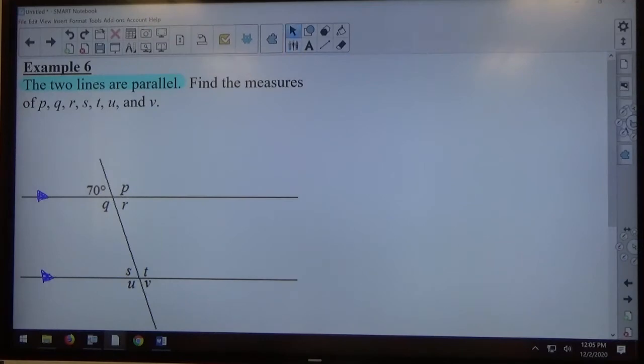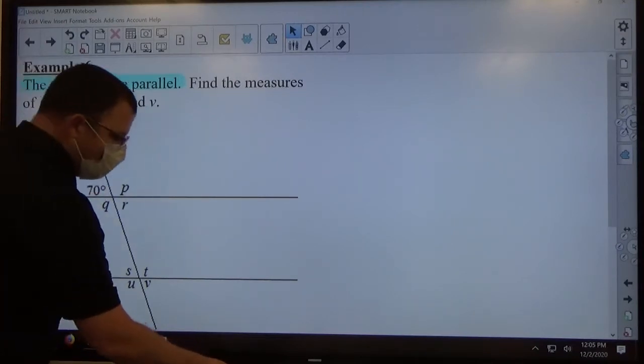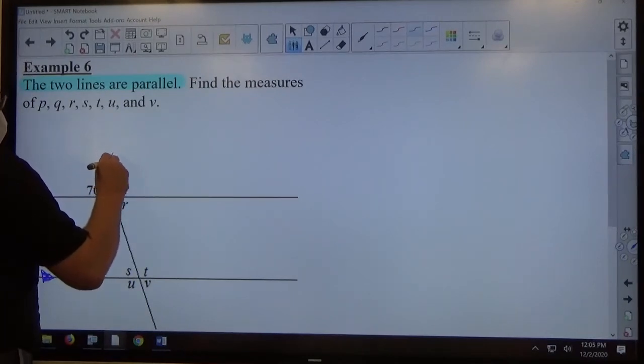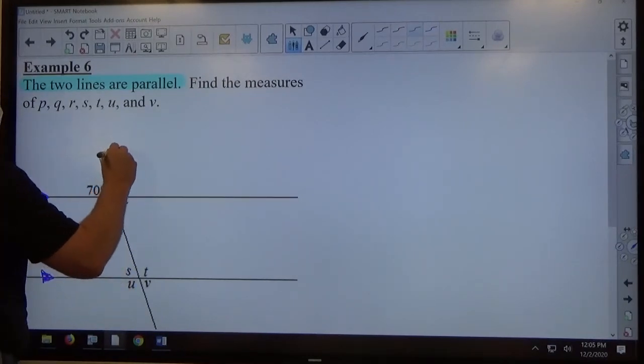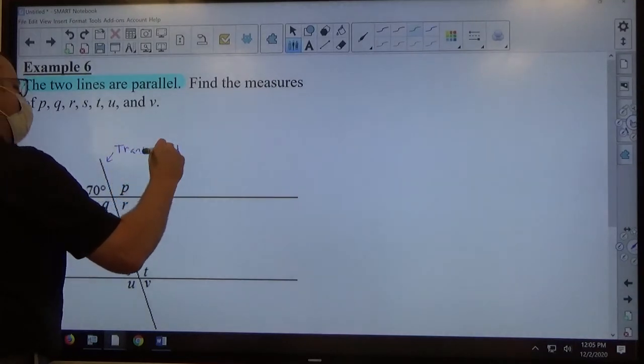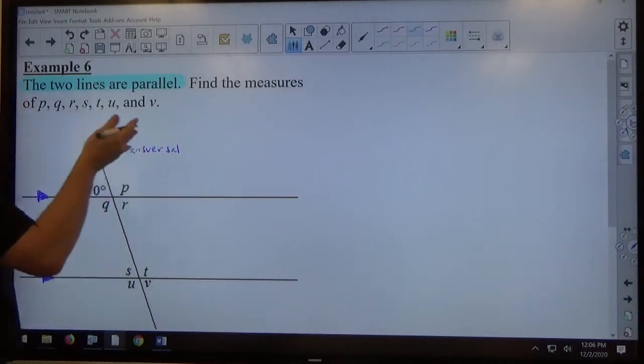Now in geometry, there are all these special names for the angles made when you intersect parallel lines by a transversal. First, let me get a little vocabulary out to you. This line here that's intersecting the two parallel lines is called a transversal. That's just the word that means that thing.